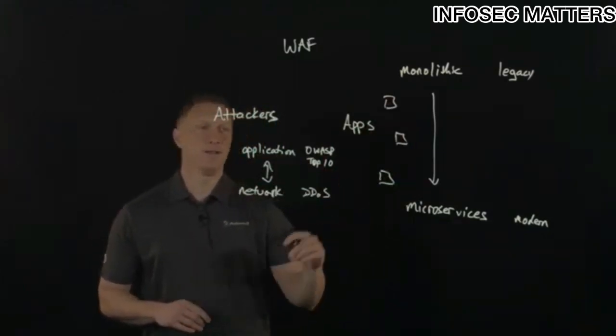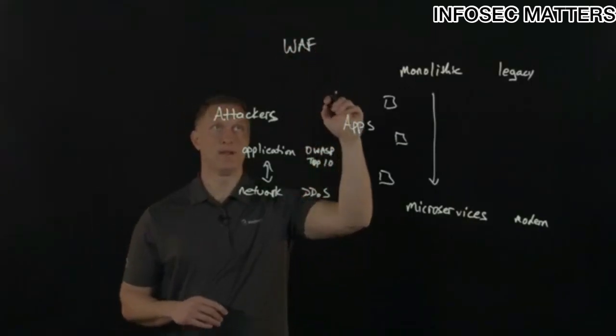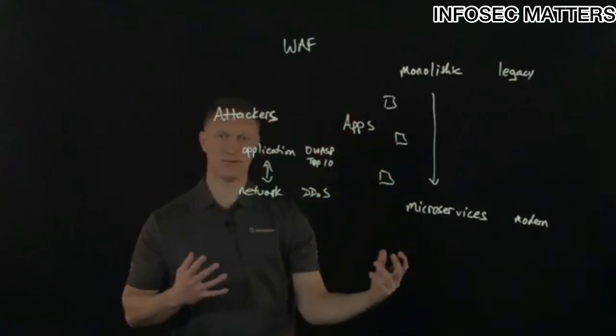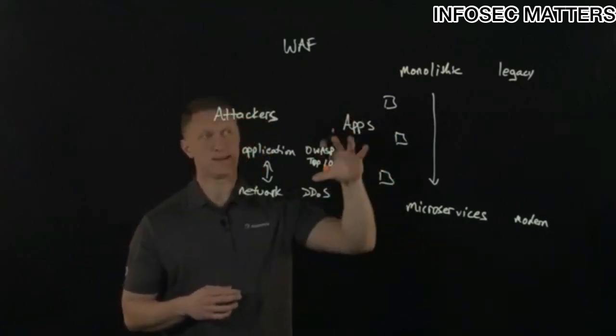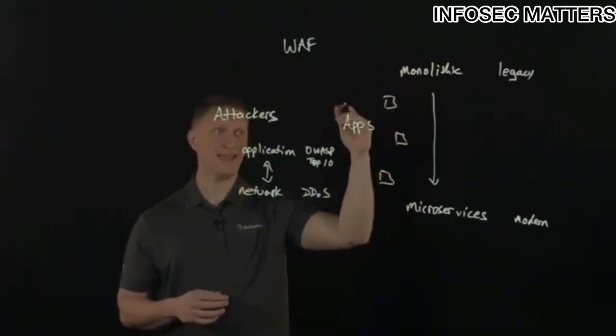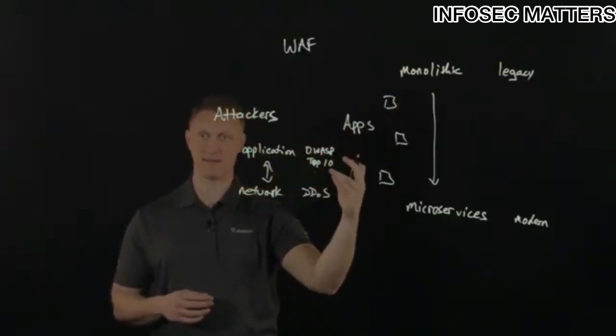And so the placement of the web application firewall starts to come into question here, like, hey, where do I put my web application firewall? And the answer is it kind of depends on where the application lives, and it also depends on what you're concerned about in terms of the attack type.